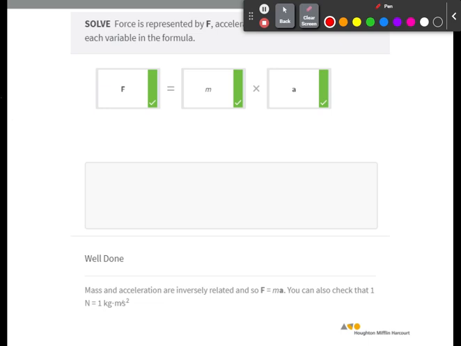Force is directly related to the acceleration, and the acceleration is inversely related to the mass. So this gives us a formula that summarizes Newton's second law: F equals ma.